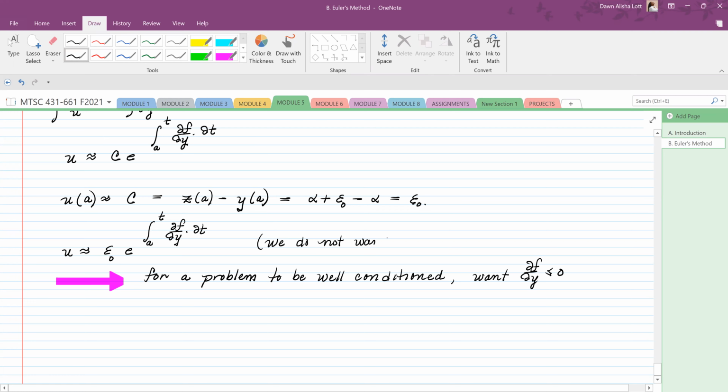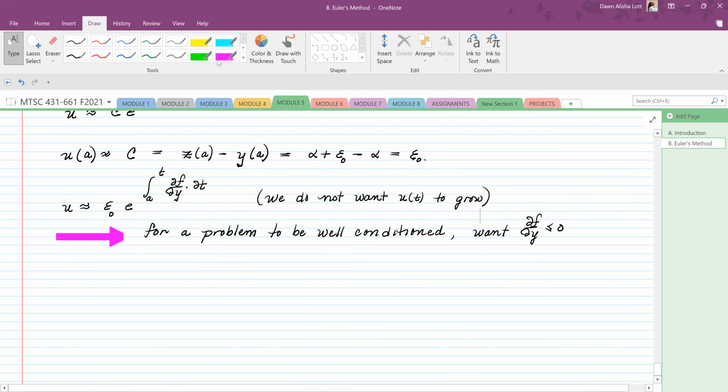If u grows, that means the distance between y and z gets bigger. Okay. Then u will remain bounded by epsilon as t increases.